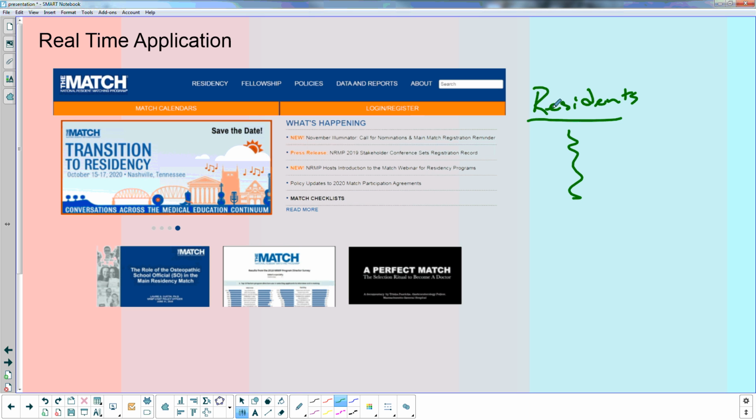It treats the residents in our algorithm as the men, and the hospitals as the women, in the sense that the residents get to list off the hospitals that they want to work at. At the same time, the hospitals make a list of the residents that they want to work for them, and it goes through a resident-first search using the Gale-Shapley algorithm, and pairs them up the right way.